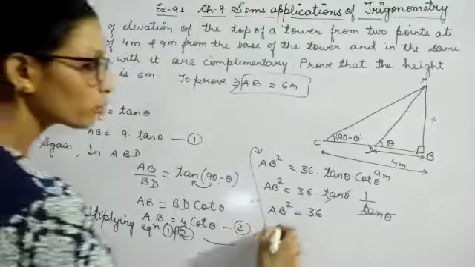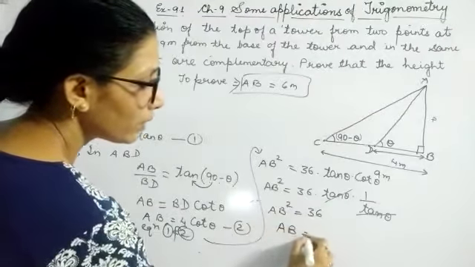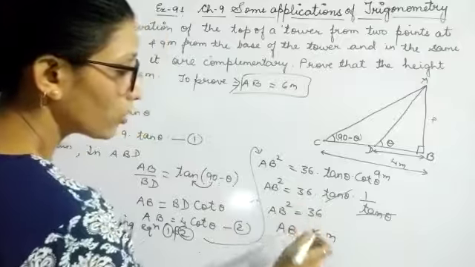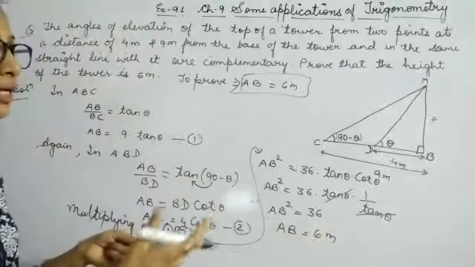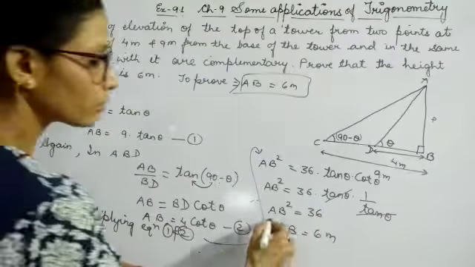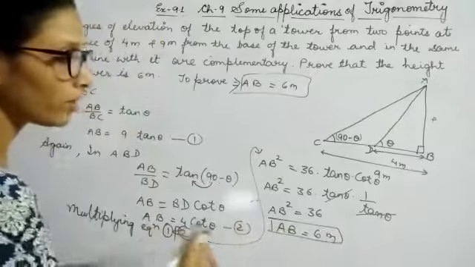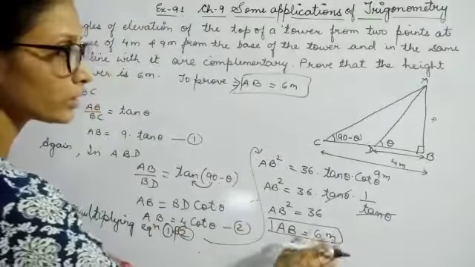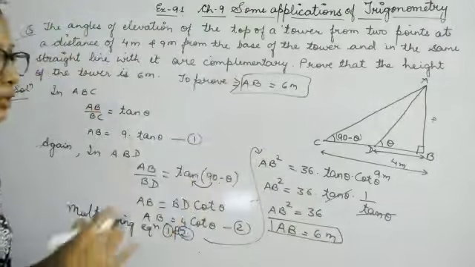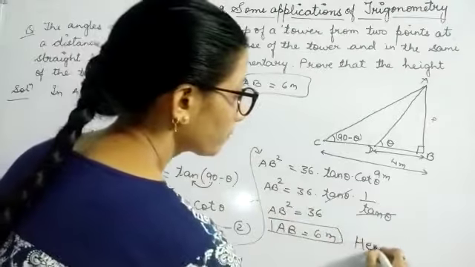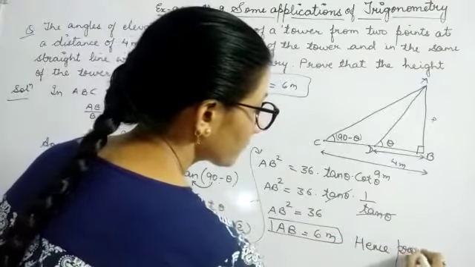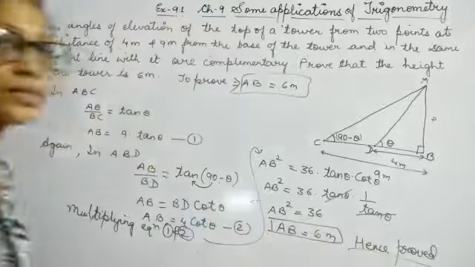Taking square root on both the sides, I am getting AB equal to 6 meters. Although I will be getting it plus minus, but height cannot be in minus form. That's why I have considered only the positive value. So AB equal to 6 meters, which I wanted to prove. So hence proved. Isn't that easy? Have a look.